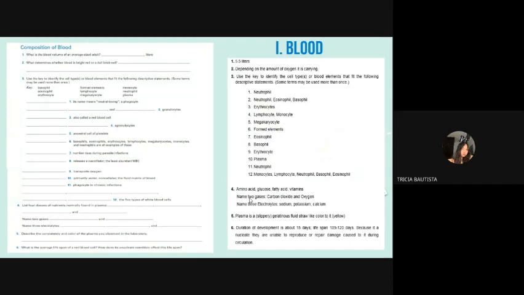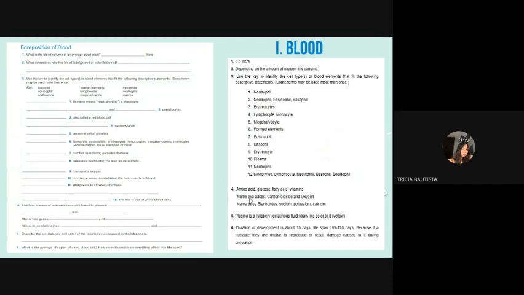Number 6, these are the basophils, eosinophils, erythrocytes, lymphocytes, megakaryocytes, monocytes, and neutrophils, and all examples of these are formed elements. Number 7, number rises during parasite infections. This is called eosinophil.